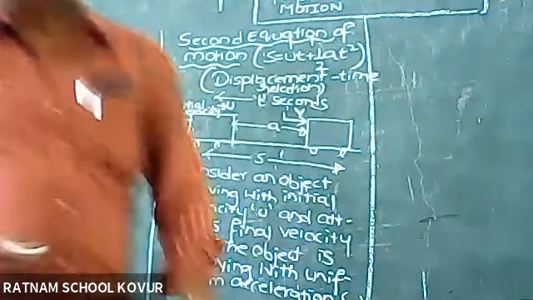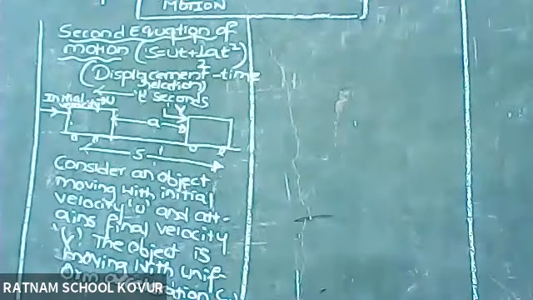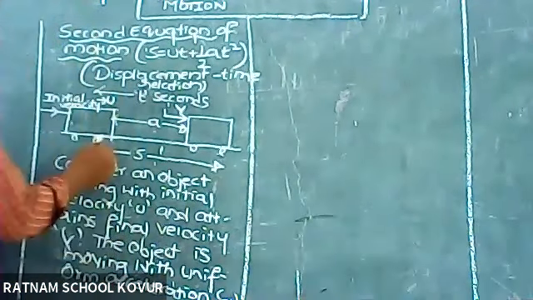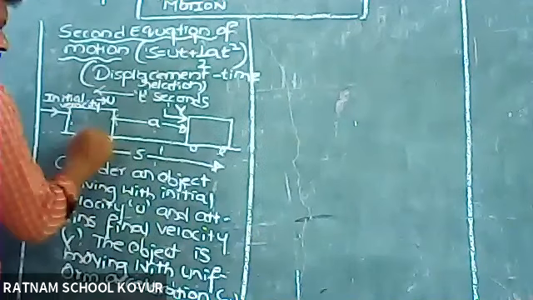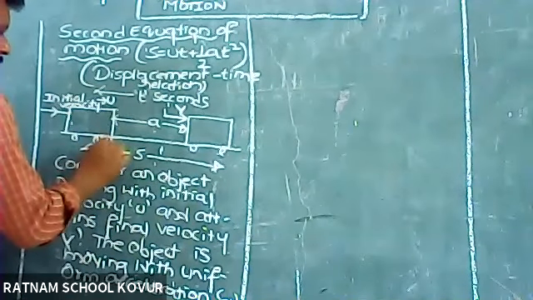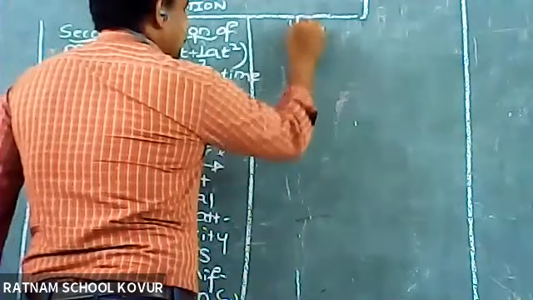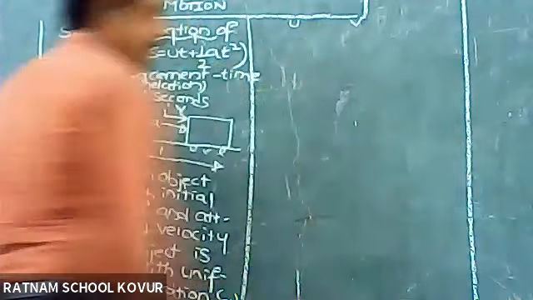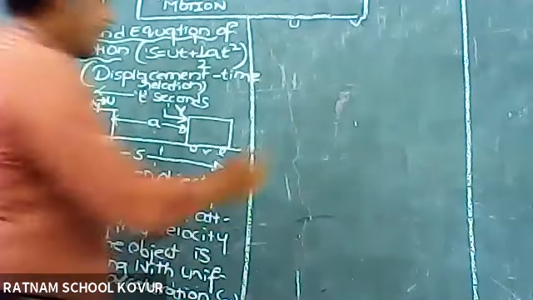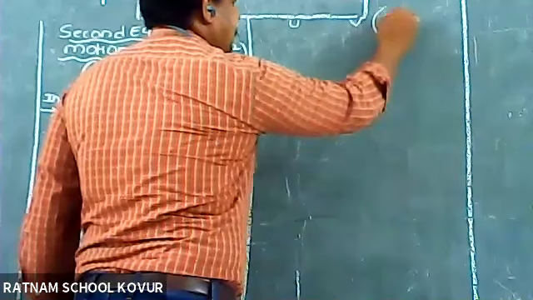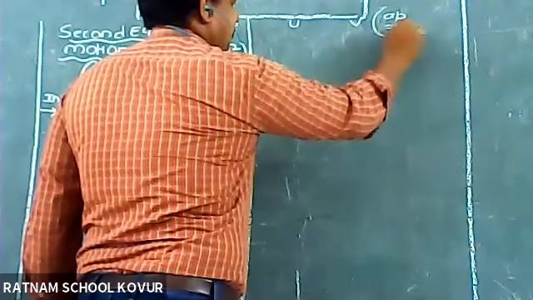Now you see here, I will take the average velocity. This is u, initial velocity, and v, final velocity. You know that the average of two numbers a and b is a plus b by 2.